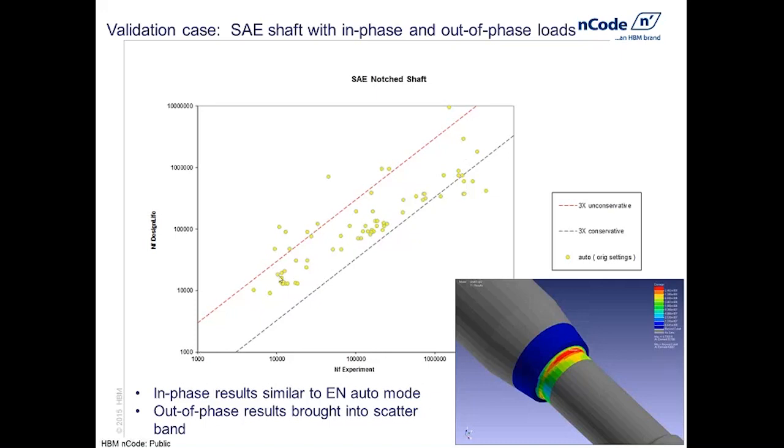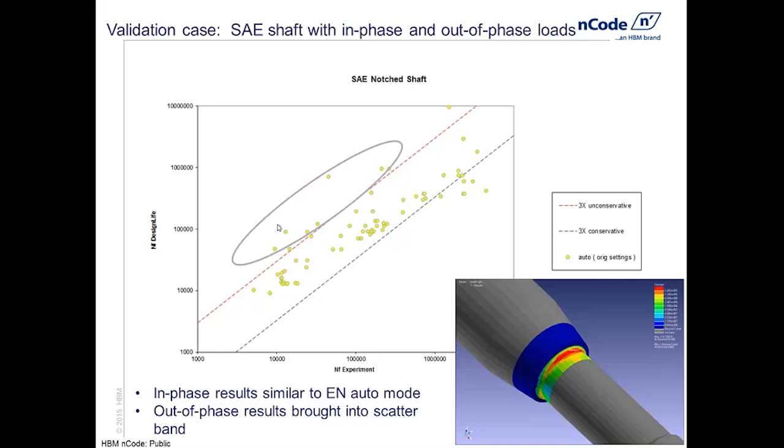The dotted lines on here are the plus or minus factor of 3 scatter band. There's always scatter in fatigue data. In this case, the correlation is not bad, but there are a few points that fall on the non-conservative side of the line.